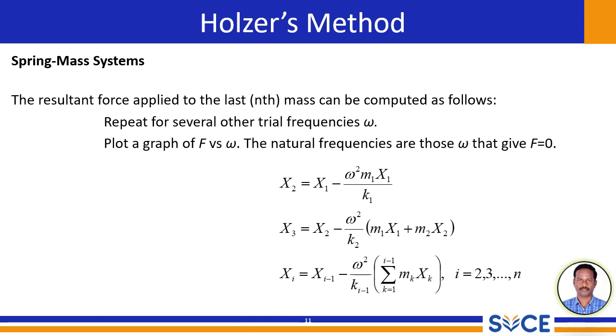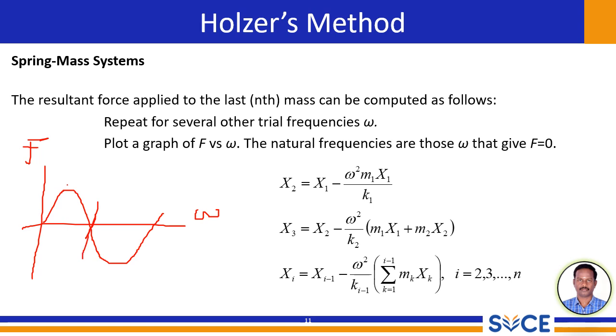So whatever I told now is nothing but drawing a graph of force versus omega, plotted in the same fashion as for the torsional system. Wherever this curve crosses 0, that value will be our natural frequency. This is omega 1, this is omega 2, this is omega 3.